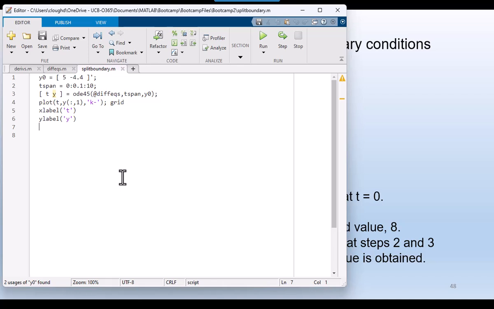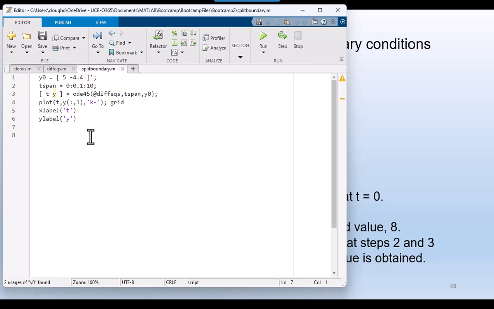Now, we could sit here and we could experiment manually with different values of this, but what we do at this point is we come in and we say, we know the end condition needs to be 8, so we need to adjust this value to get a target of 8 for the final value.